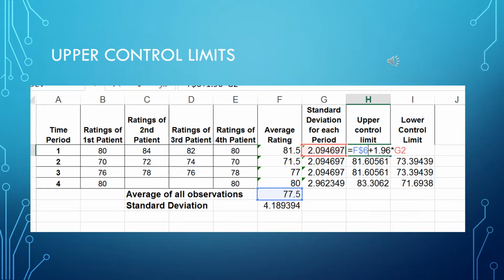So next we're going to be calculating the upper control limit and the lower control limit. So for this we are going to need to calculate the average of all observations plus t times standard deviation for that given time period. So our formula is going to be equals to F $6 plus 1.96 times G2.